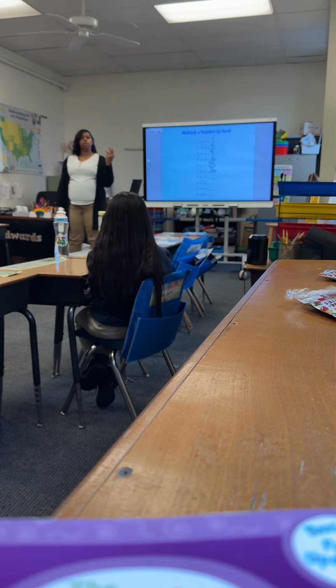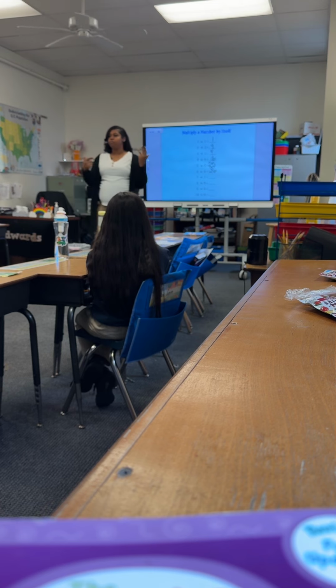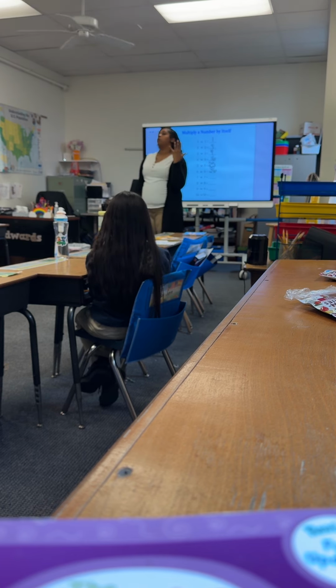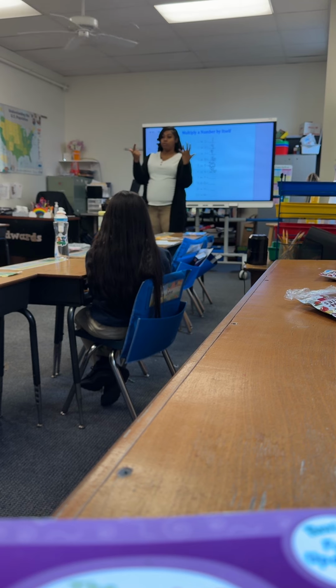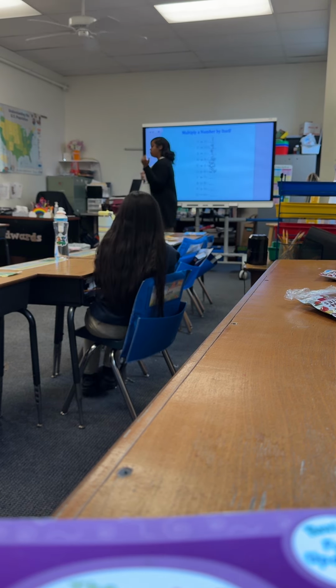Don't guess, guys. Count 7 more from 28. 35. What's 7 more from 35? 42. What's 7 more from 42? 49. So 7 times 7, or 7 multiplied by itself, is 49.